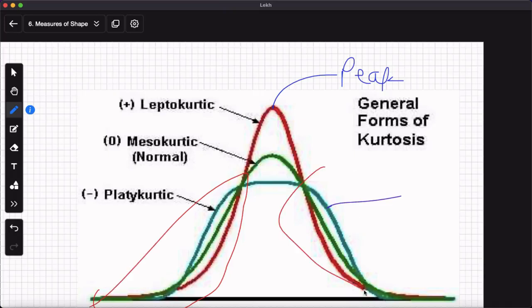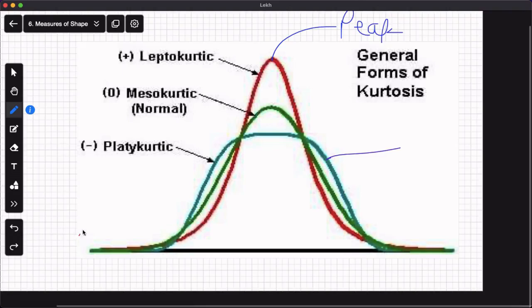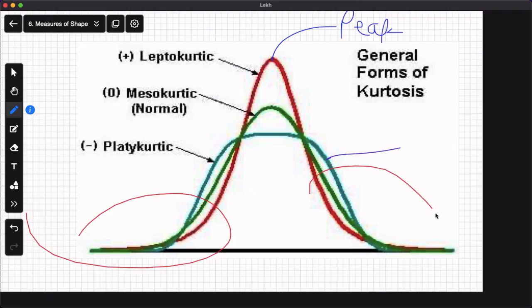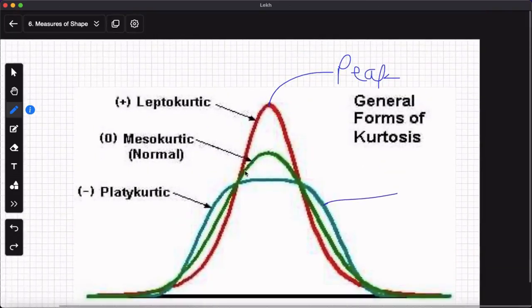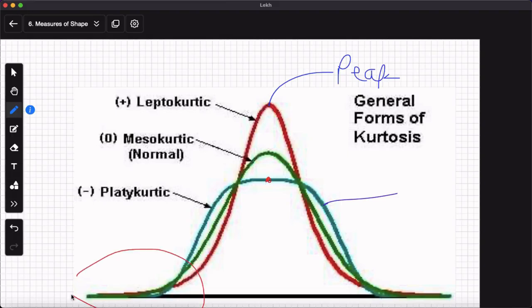Now, a platykurtic distribution has a lower peak and lighter tails than those of a normal distribution. So you can see the labels.